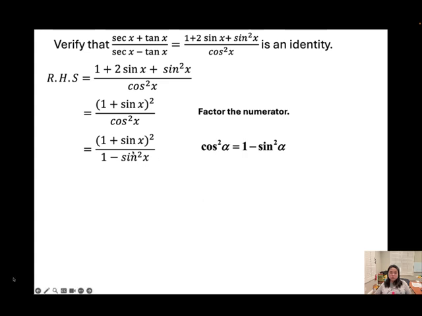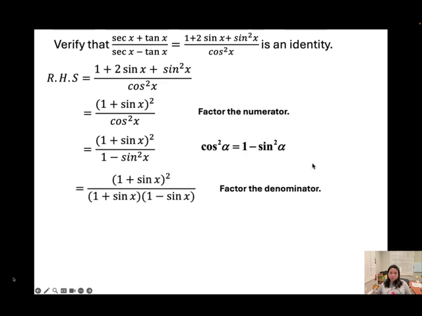Now on the denominator, I should be able to factor this: this is a squared minus b squared. A squared minus b squared equals a plus b times a minus b. Now I could simplify one of the 1 plus sine x.